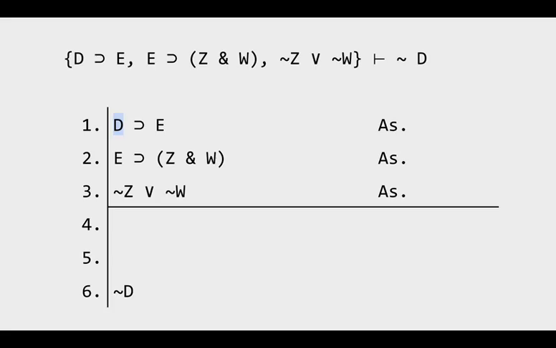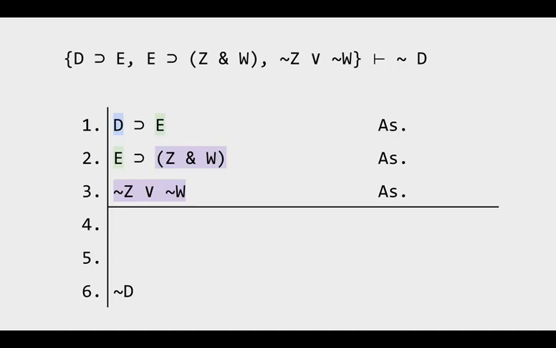So I want to set myself up to use that rule. I can't as of yet though. So let's see the other ingredients I have to work with. I do notice that I have another conditional, number 2, and it turns out that 1 and 2 share a sentence. E is the consequent of 1 and the antecedent of 2.